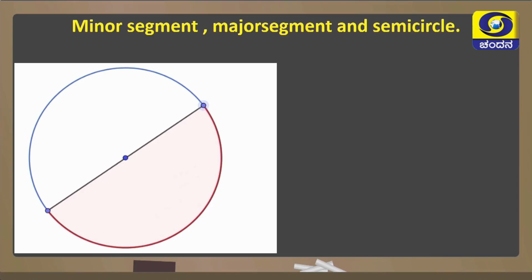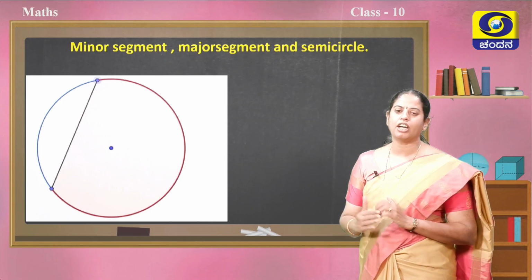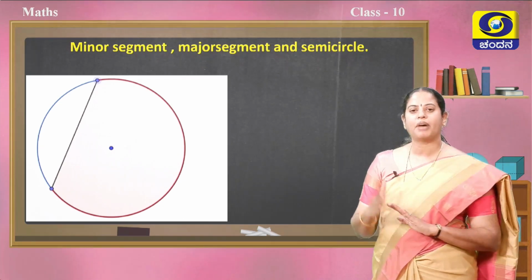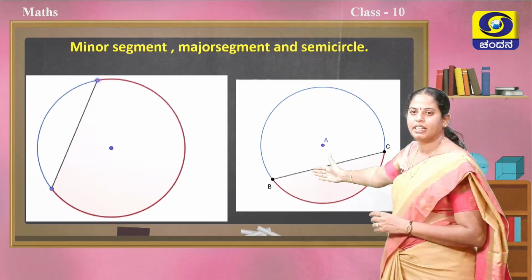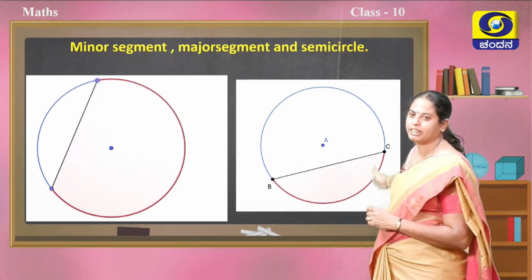Yes. Now, if you observe, it is 2 equal halves. Now, the shaded portion is more than the unshaded portion. Now, let us recall, what do we call the part of the circle which is bounded by a chord and a minor arc?